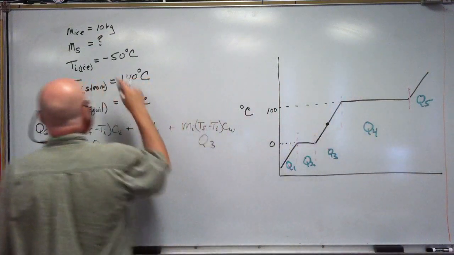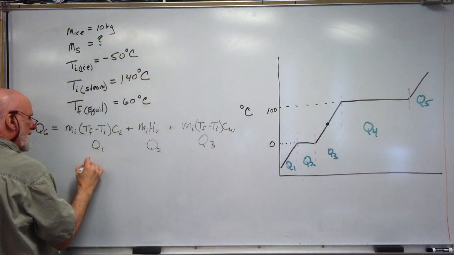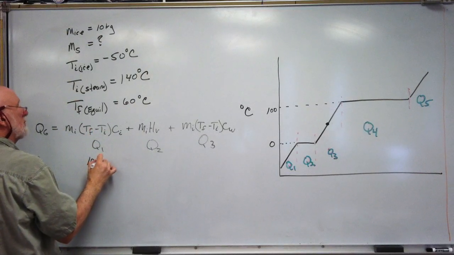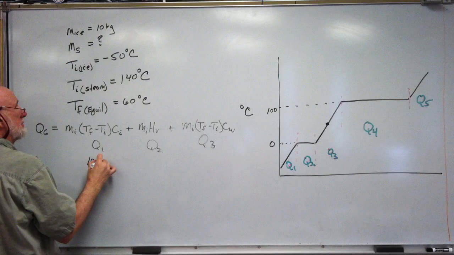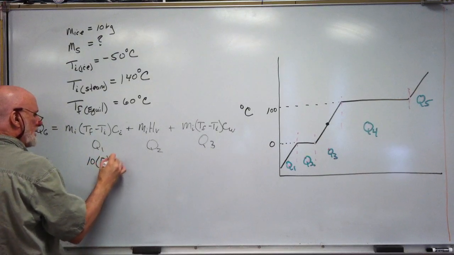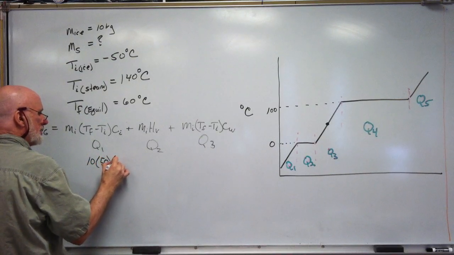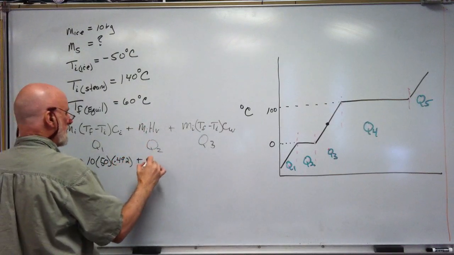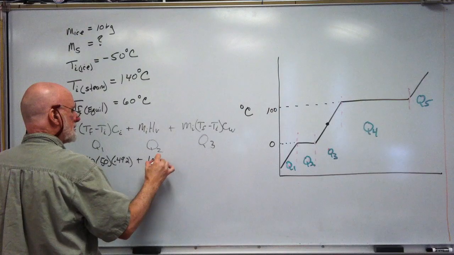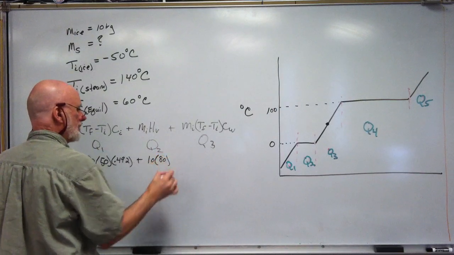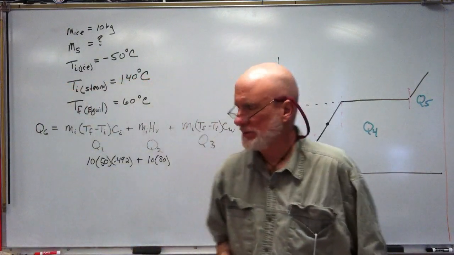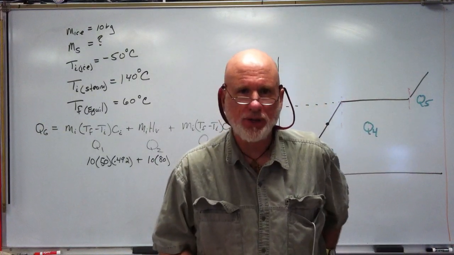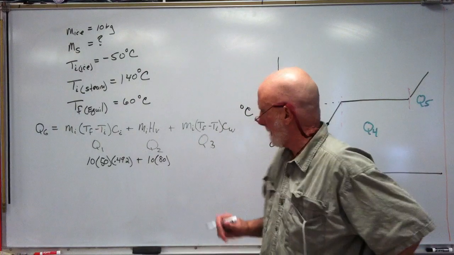All right, so mass is 10. So 10 times 50 times 0.492. This is going to be 10 times 80. I'm leaving off the unit labels. My apologies to the purists out there.